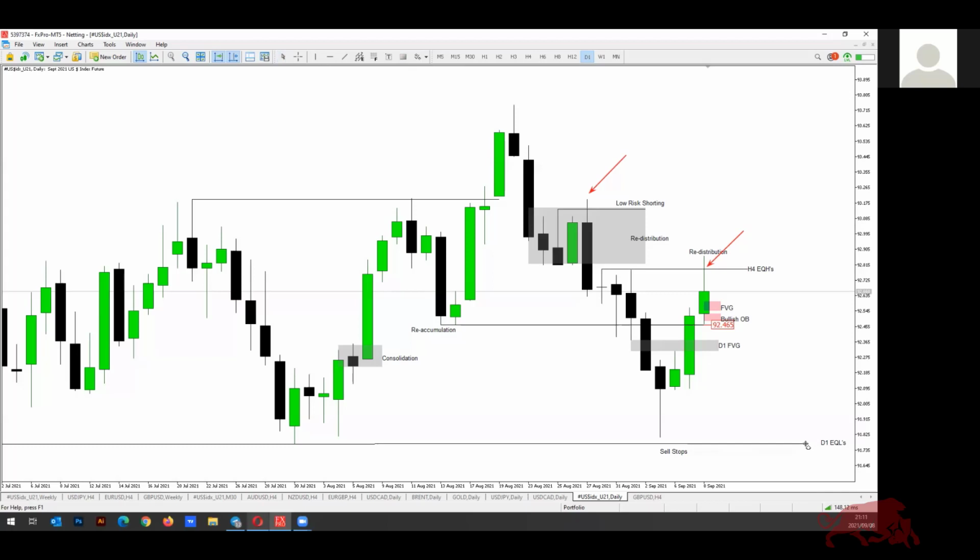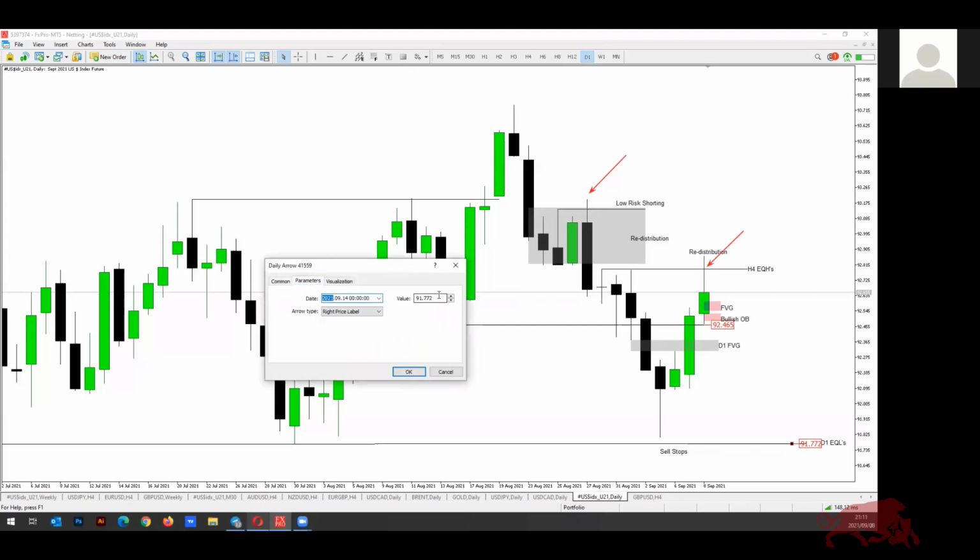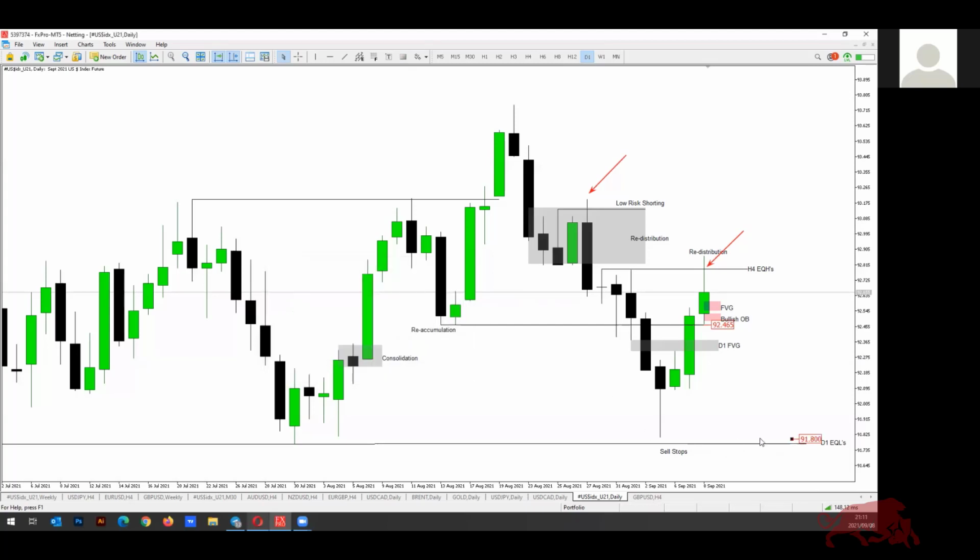Right here. Let's see what price point we're talking about. So we're talking of 9177. So that's basically 9180. We're talking of 91.80 here. This will be the target for your low risk shorting positions. If you short dollar right now and you are anticipating weakness, 91.80, that will be the target.